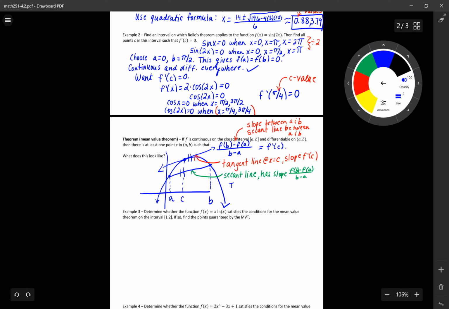There is a point c such that the secant line between a and b and the tangent line at c have the same slope.